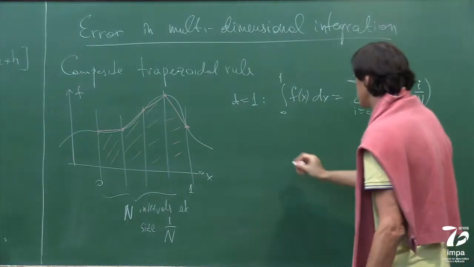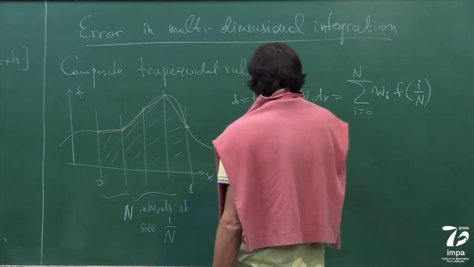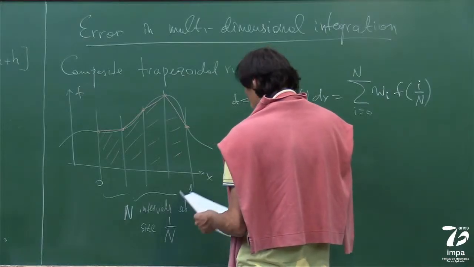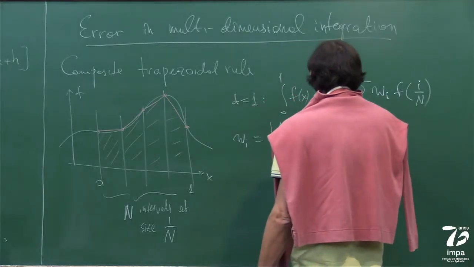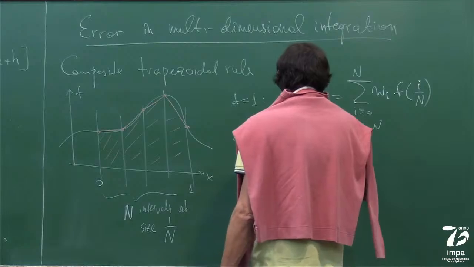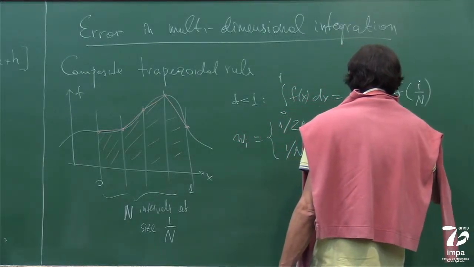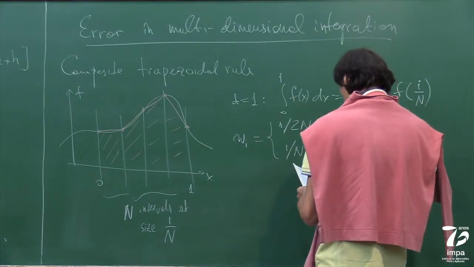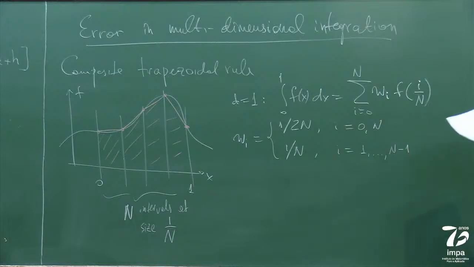And the weight is 1 over 2n at endpoints and 1 over n at other points. Right? So this is how you do it.